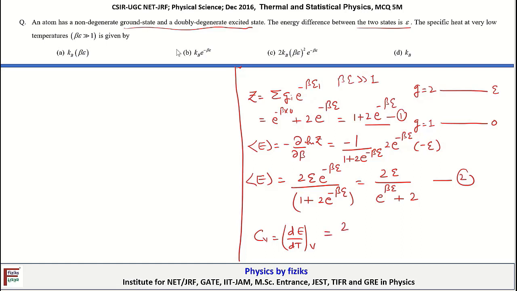2E. I will keep it outside because E is fixed basically. Okay, so then the differential of 1 upon exponential beta E plus 2. Okay, so after doing the differentiation, g f dash minus f g dash, so g f dash is a constant term, so that will give a factor of 0.